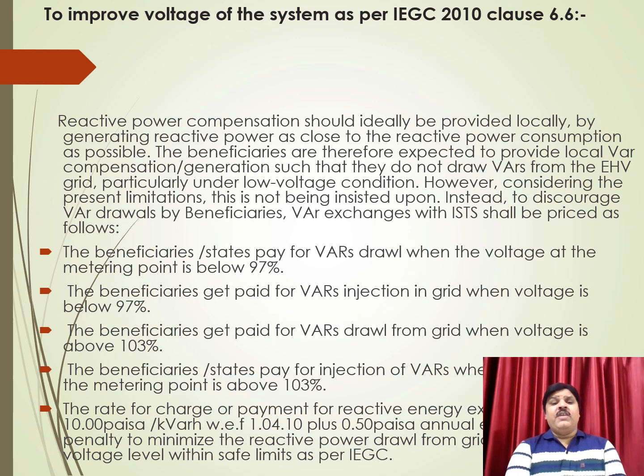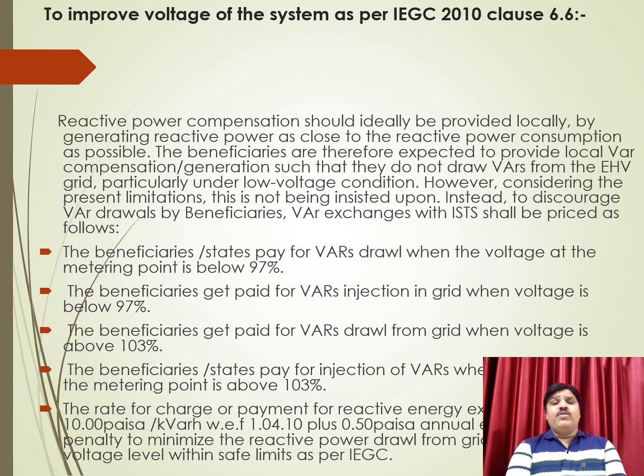Because if reactive power is drawn in a high voltage condition, it will reduce the system voltages, because high voltages are a slow poison for the power system equipment, that is our power transformers, circuit breakers, isolators, current transformers, potential transformers, etc.